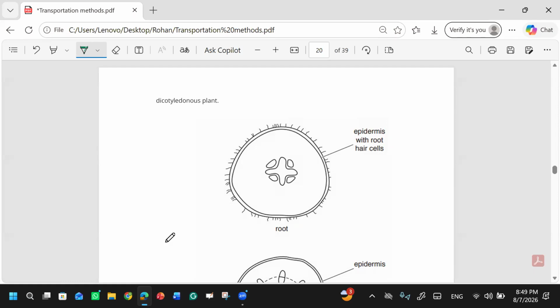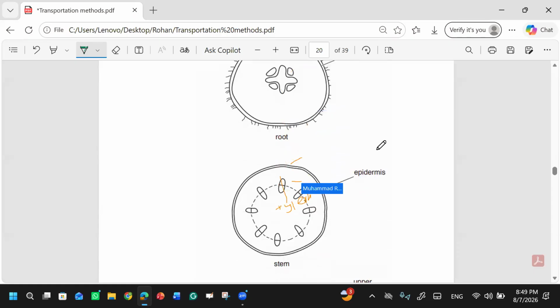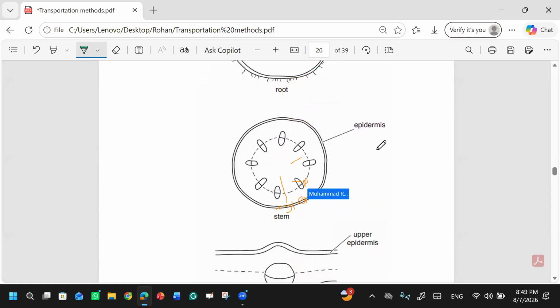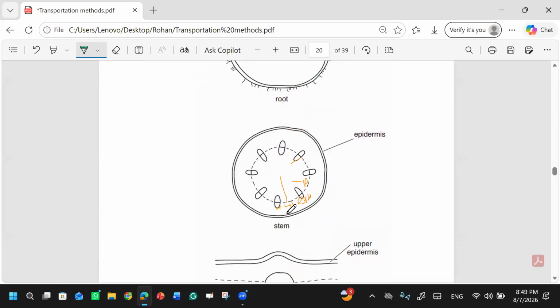This one is the phloem, and this one is xylem, in the very middle, and the small parts are the phloem. What about this one?